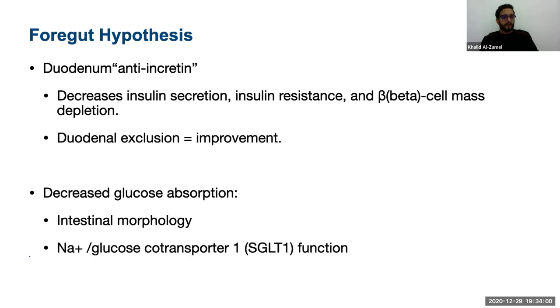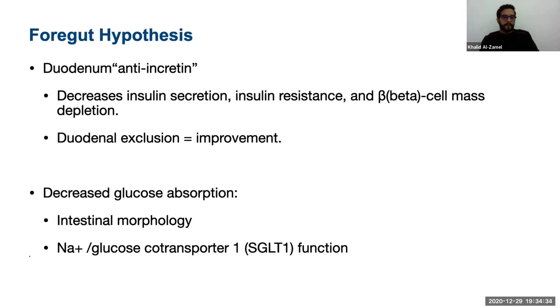The duodenum is responsible for secreting anti-incretin substances, so anti-insulin: decreasing the insulin secretion, increasing the insulin resistance, and causing beta cell mass depletion. Working on animals, they found that duodenal exclusion will improve glycemic control, and when you reverse this exclusion, the glycemic control will be impaired again.